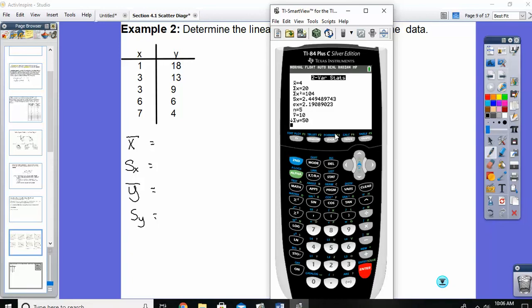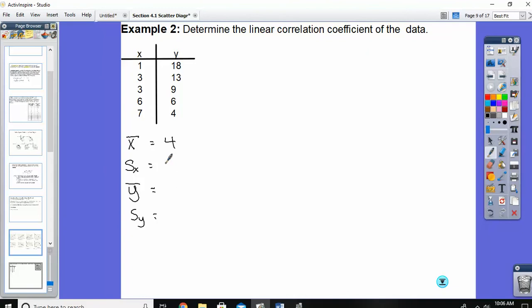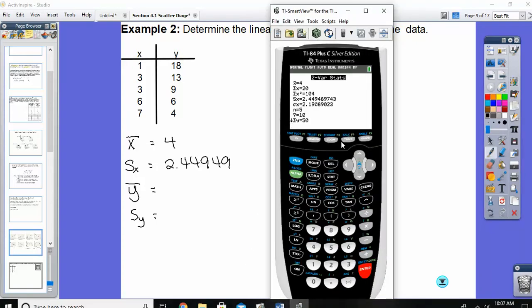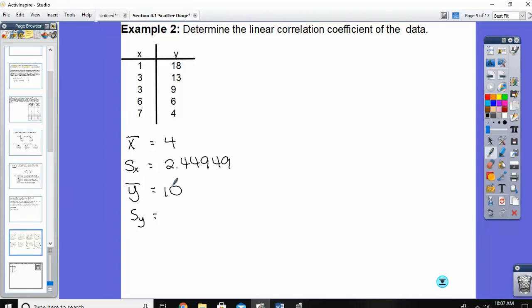And I get everything I need. So my X bar is a 4, standard deviation of X, 2.44949. Y bar was 10, standard deviation of Y, 5.612486.